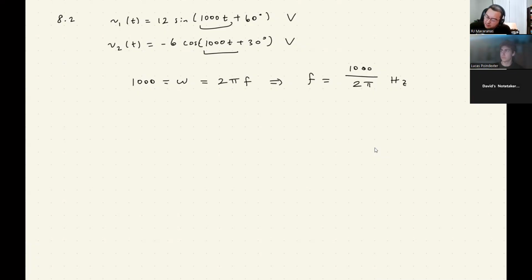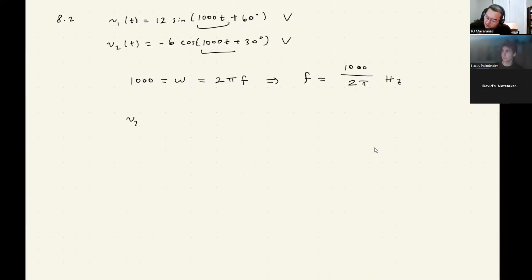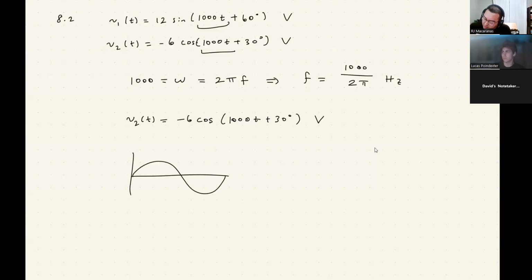So we're going to start off with our original V2 of t, and recall that in order to get cosine from sine, we're going to adjust the phase by, I want to say this is 90 degrees, right?